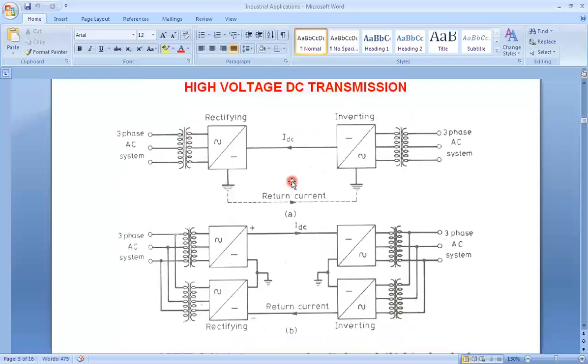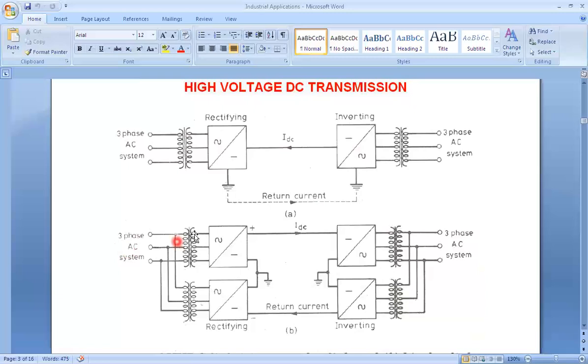So instead of this monopolar using one wire, if we use bipolar, then it is very useful. Why? Let us consider this bipolar circuit first. Here this is a rectifier, this is also a rectifier, this is an inverter, and this is also an inverter. On both sides we are connecting transformers to match the voltage requirement.